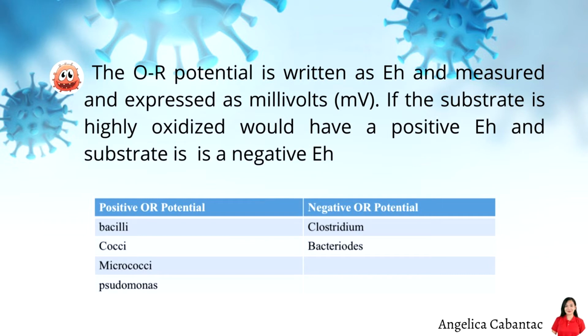On the table, you can see the aerobic and anaerobic bacteria that grow at different OR potentials. On the left, we have the aerobic bacteria, such as bacilli, cocci, micrococci, and Pseudomonas, that grow at positive OR potential. On the right, we have anaerobic bacteria such as Clostridium and Bacteroides that grow at negative OR potential.